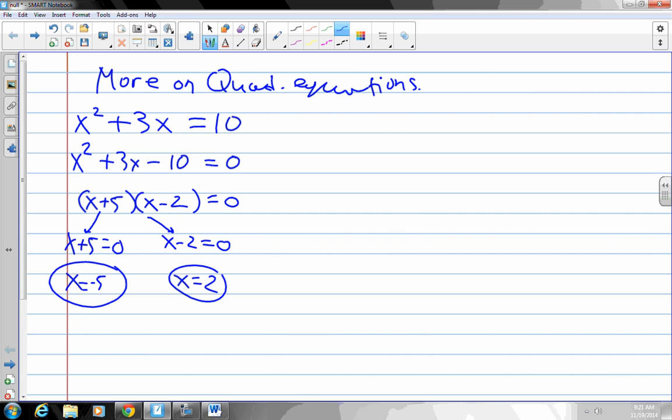Now I'm going to change this problem a little bit. What if I write x to the power 4 plus 3x squared equals 10?